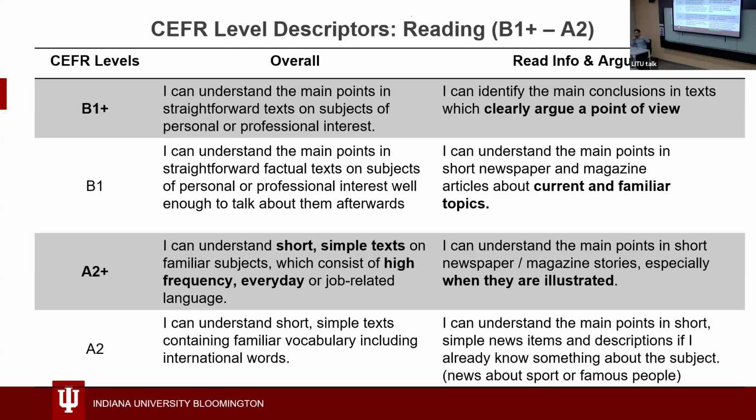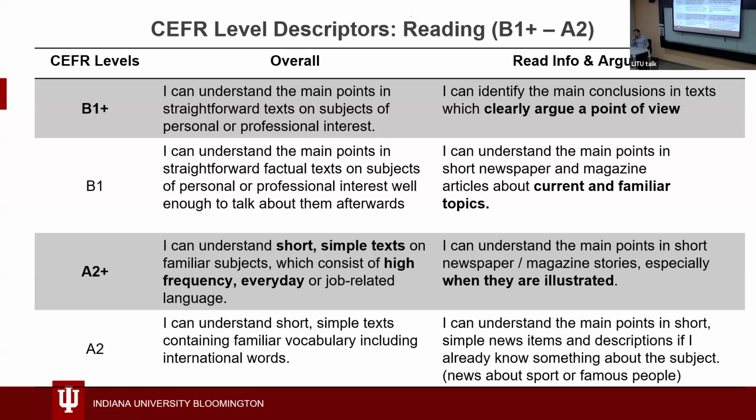It's a straightforward factual text. That's the keyword, right? The passages and texts that a B1 reader can understand are straightforward factual text. They will have a hard time understanding expository, argumentative text, which is beyond their specialty and interest.